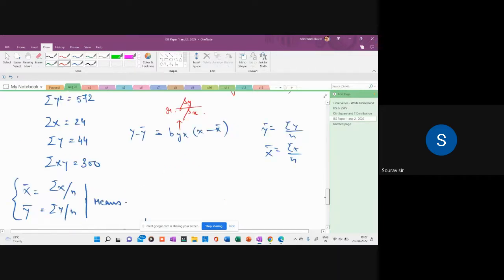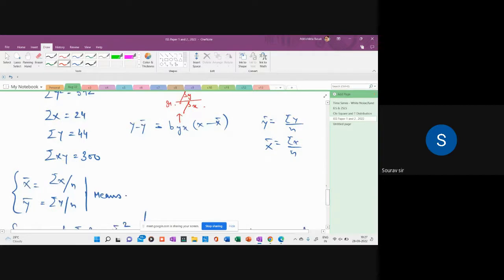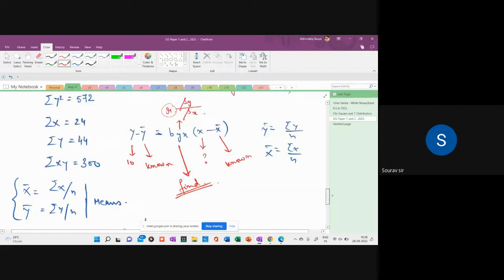So here, I need to find x when my y is 10, and this is actually known. After finding the variance and all other things, and r obviously, I will be able to find the value of x when a particular y is given.